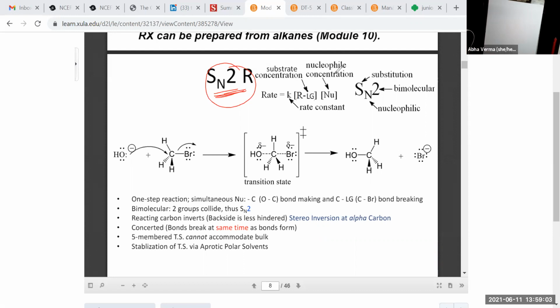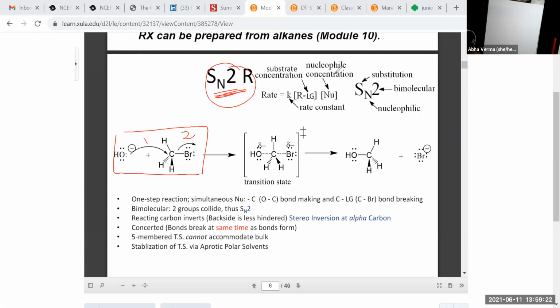SN2 looks like there are 2 steps. So 1 step, 2 step. But it is really a concerted step. What does a concerted step mean? A concerted step just means it is occurring one after the other, naturally.